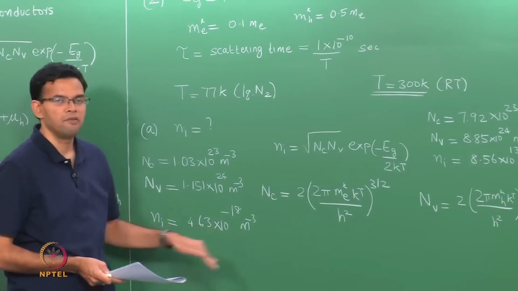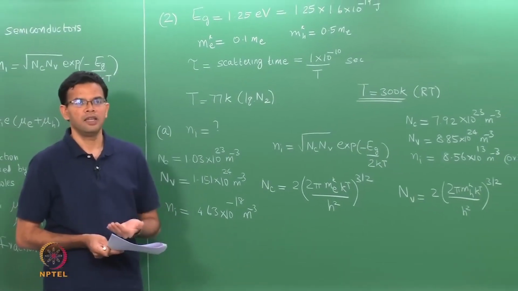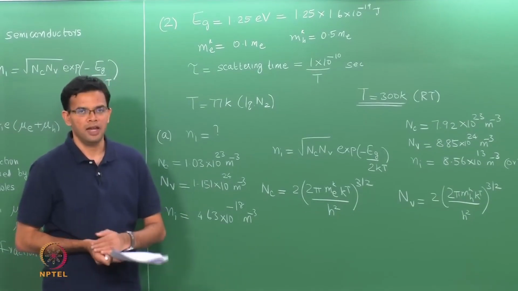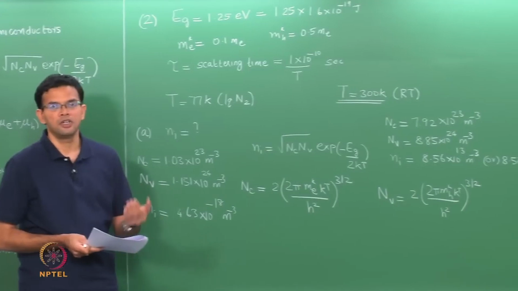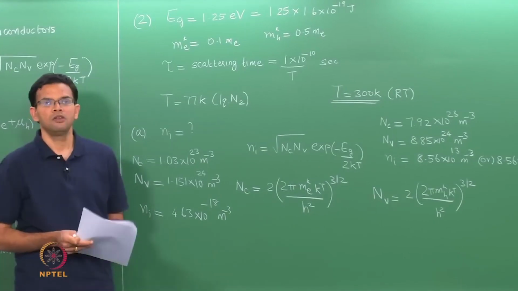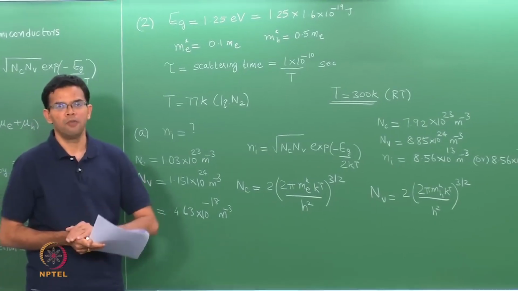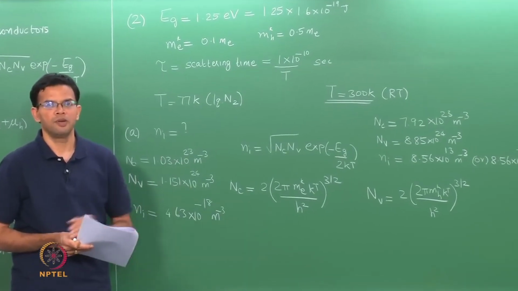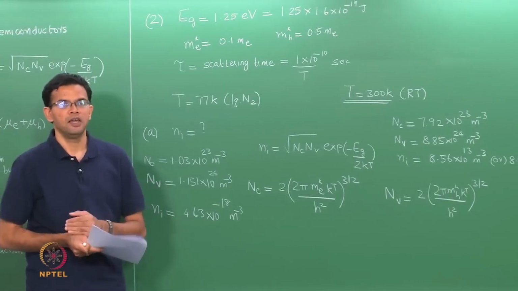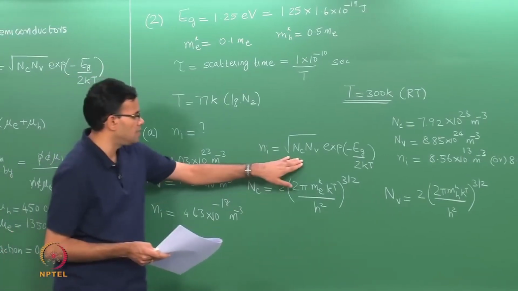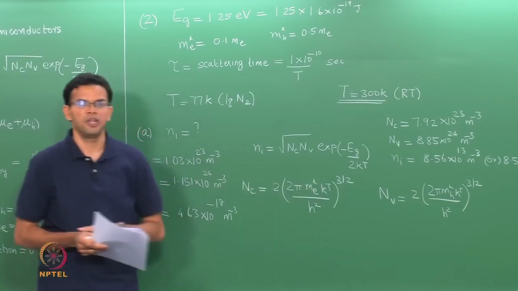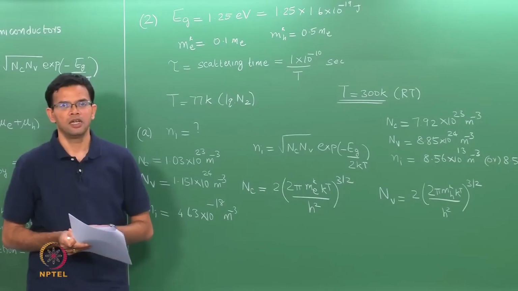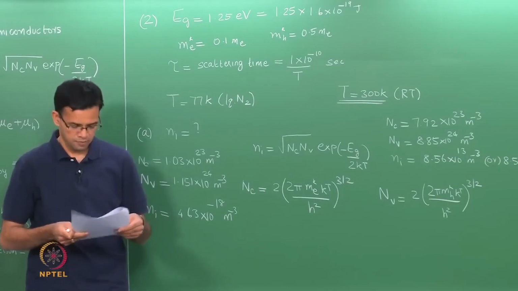So, here you have a value that is 10 to the minus 18, and at room temperature you have a value for Ni that is close to 10 to the 13. So, overall there is a 31 orders of magnitude change as we go from liquid nitrogen to room temperature. This is why we say that out of these two terms, Nc and Nv and the exponential term, the exponential is the one that dominates in determining the value for Ni.